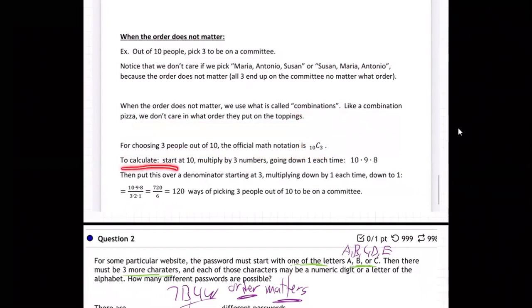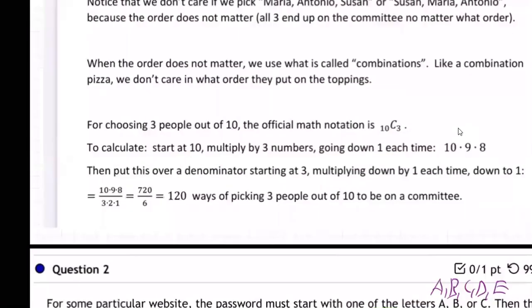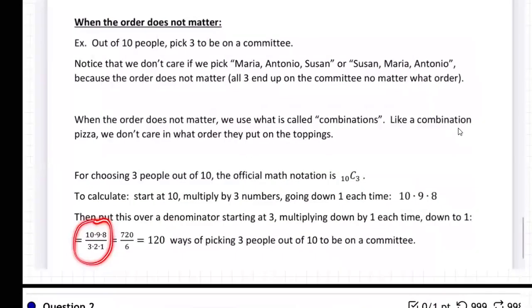Here's how you calculate it. You start at the 10. You do 3 numbers. So it kind of starts out the same, 10, 9, 8. But then you have to divide by however many people on down to 1. See it right there, the formula? It is 10, 9, 8 over 3, 2, 1.